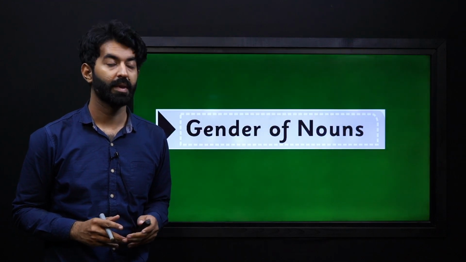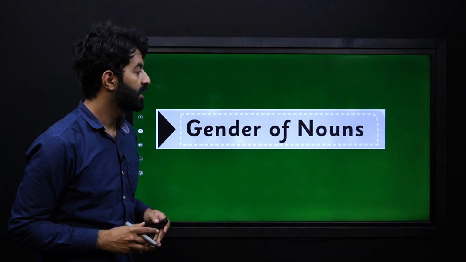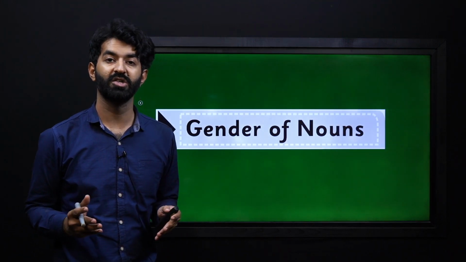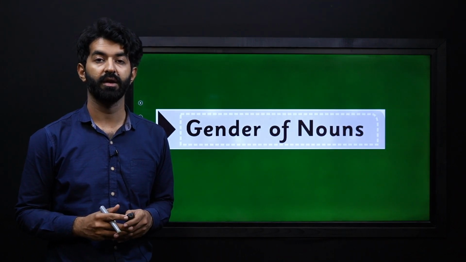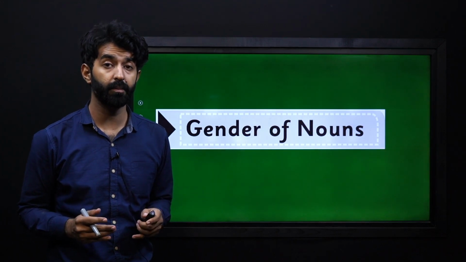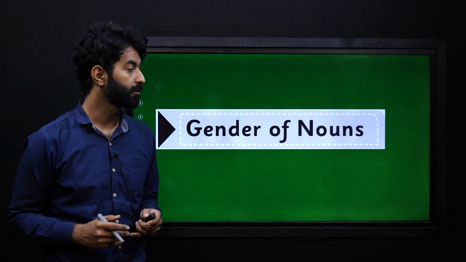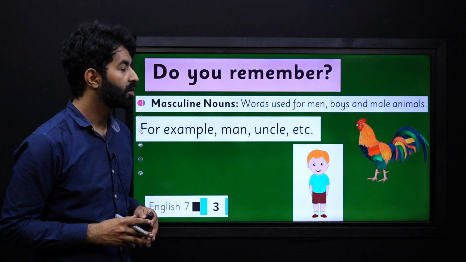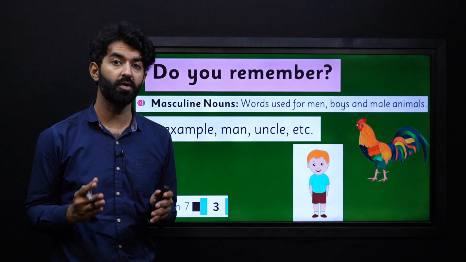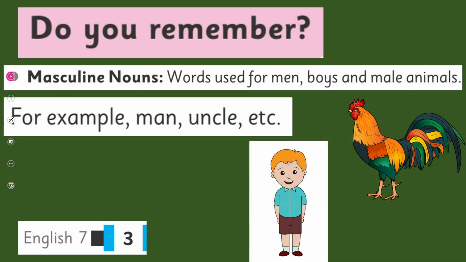Good. Now let's see what the genders of nouns are and how we can identify them and use them accordingly. Do you remember, can you recall that masculine nouns are words used for men, boys and male animals?